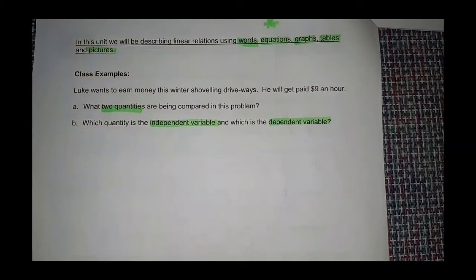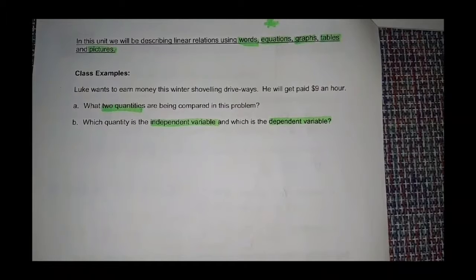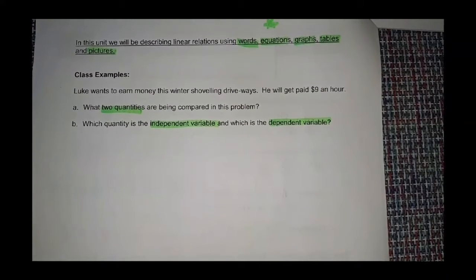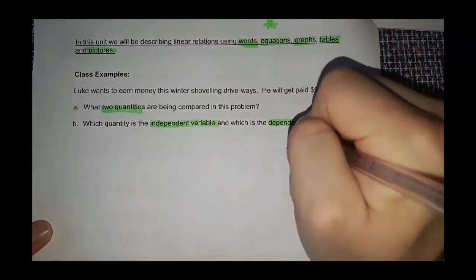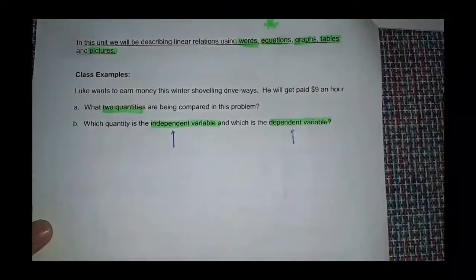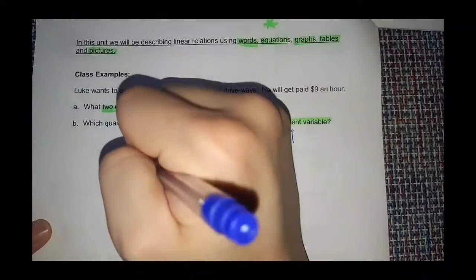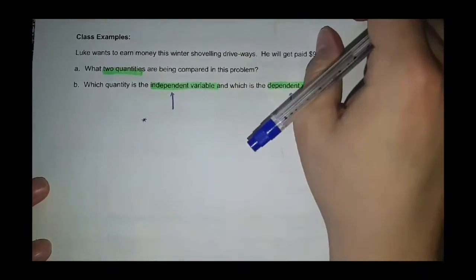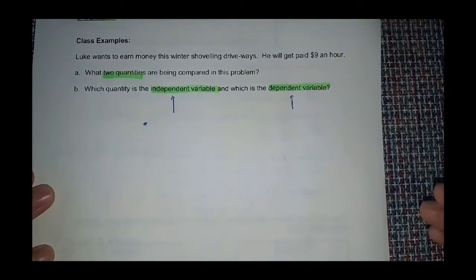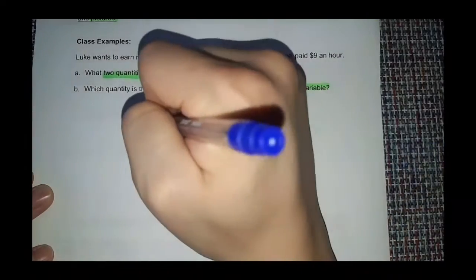Independent variable and dependent variable. When people mention independent variable, first of all, that means the variable is changing or can change.